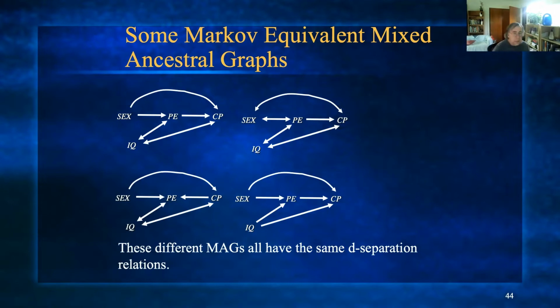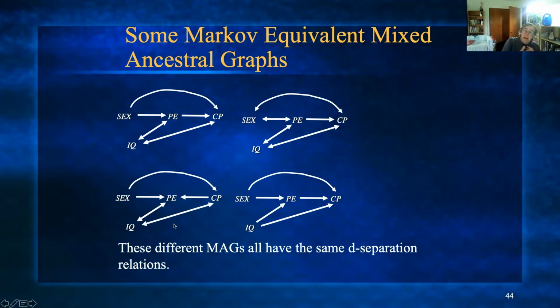What you see here is that there's a directed edge from sex to college plans. Here, there's a common cause of sex and college plans. Here, we would have IQ as an ancestor of parental encouragement and college plans. Here we would have latent common causes of parental encouragement and IQ. And all of these would be Markov equivalent to each other.